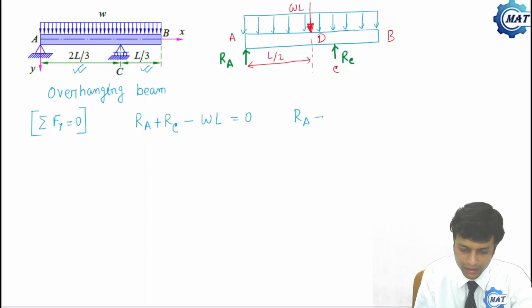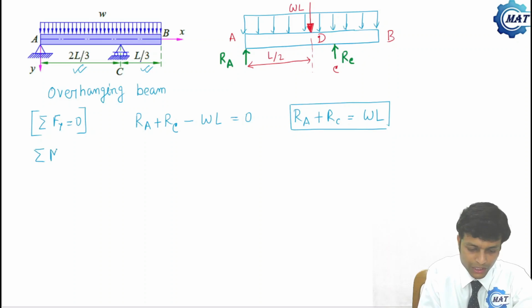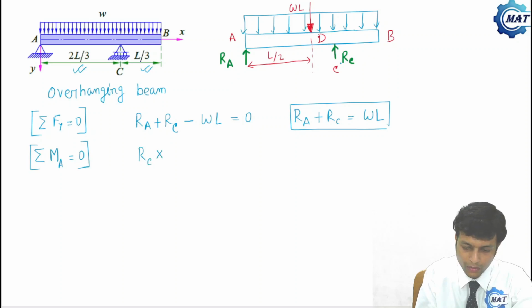That is RA plus RC is W into L. This is one equation. Next, we shall apply summation of all moments about A is 0. By this, we'll get RC into the distance of RC from point A, which is 2L by 3, minus WL into L by 2 is 0.